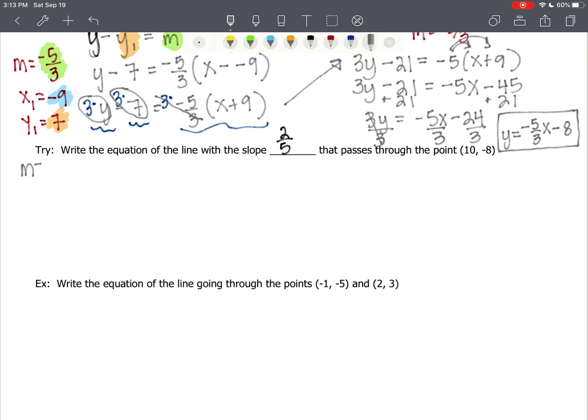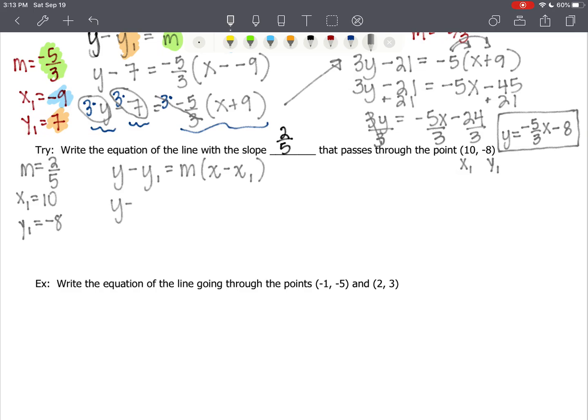Okay, my slope is 2/5. x1 is 10. y1 is -8. I'm going to write my formula, y minus y1 equals m times the quantity x minus x1.